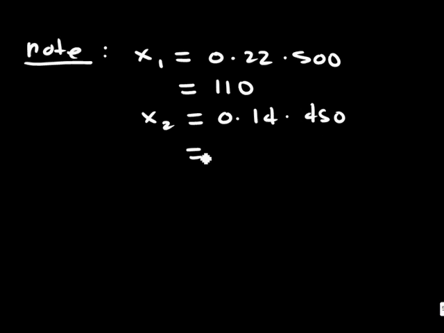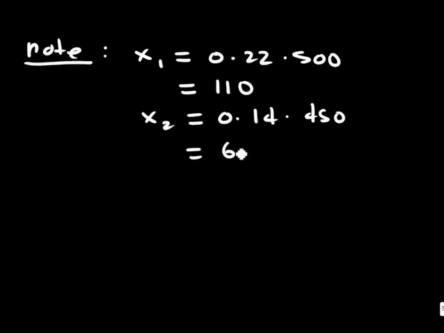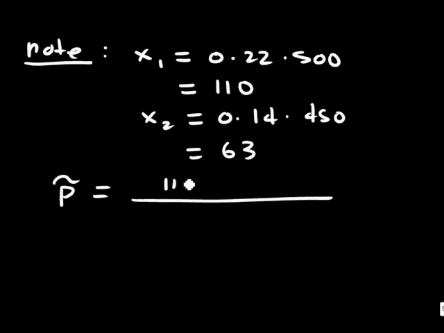Our pooled proportion is the sum of the successes, 110 plus 63, divided by the sum of the sample sizes, 500 plus 450. This will give us our pooled proportion.